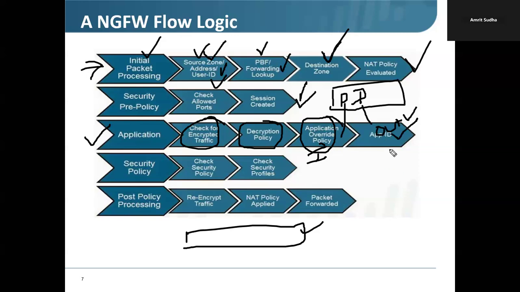What is the application ID, the app ID? We will discuss it later once we come to this topic. This is very important here in next generation. After that, it will check and apply the security policy and profiles accordingly.